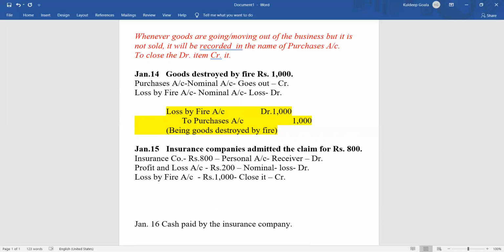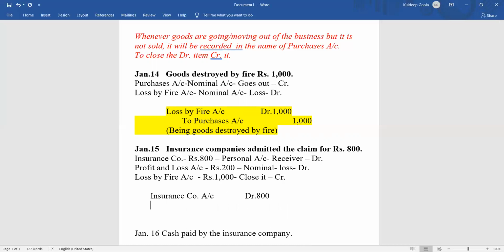The journal entry will be like this: insurance company account debit. How much will the insurance company come to? 800. Then profit and loss account debit 200.